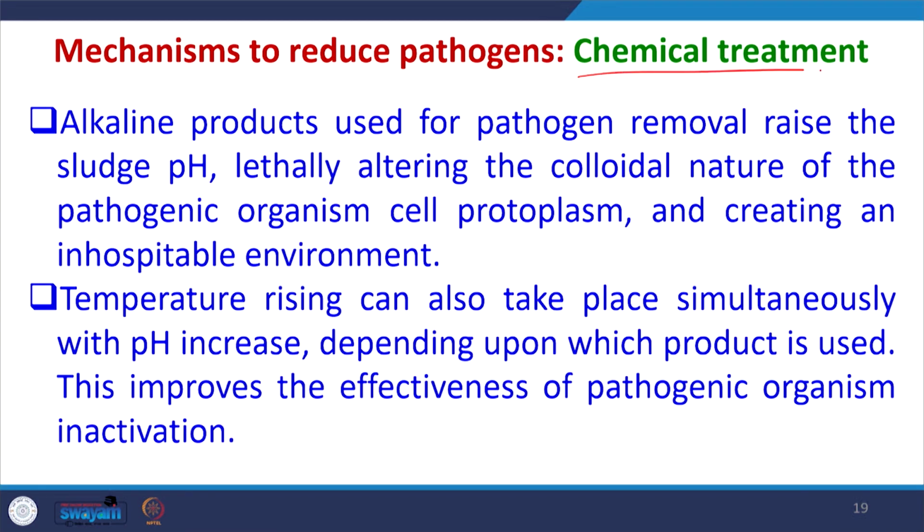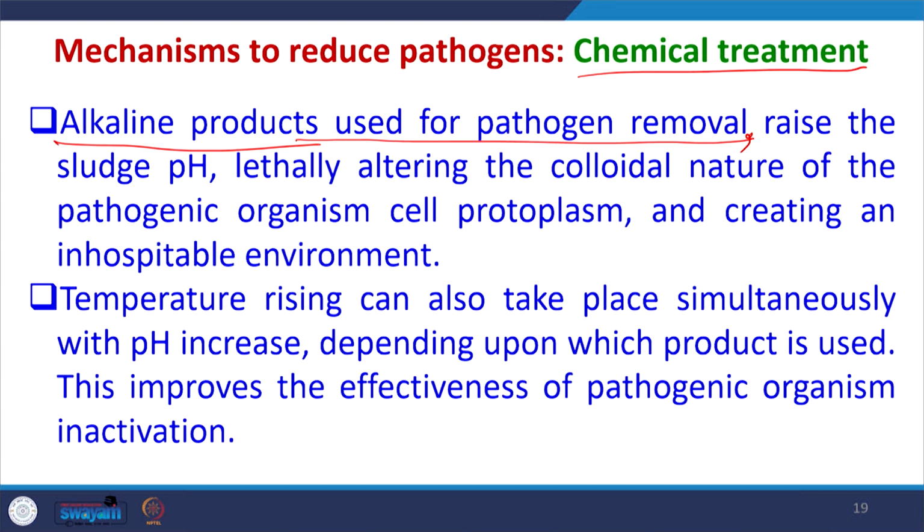Now, there is another method which is called chemical treatment. So, we will try to understand how chemical treatment can be used to reduce pathogens. Alkaline products are used for pathogen removal. What they do is raise the sludge pH, lethally altering the colloidal nature of the pathogenic organism cells' protoplasm.